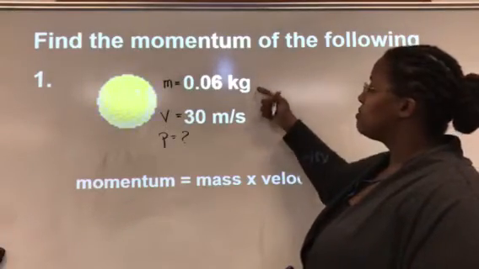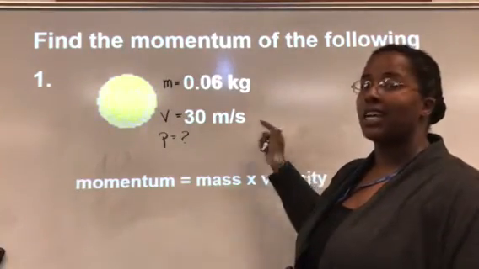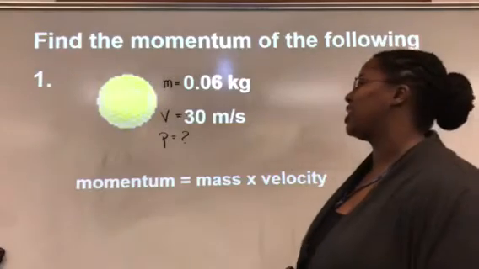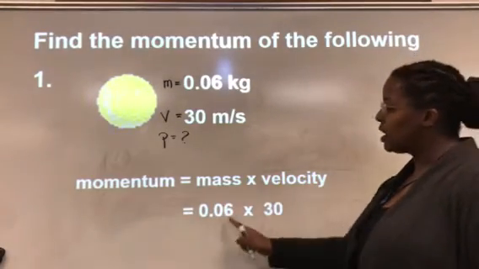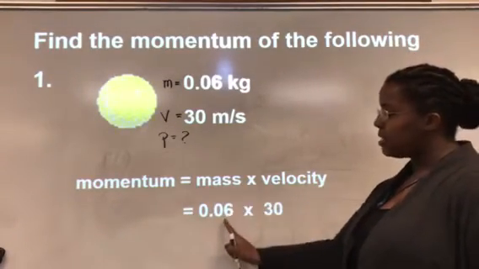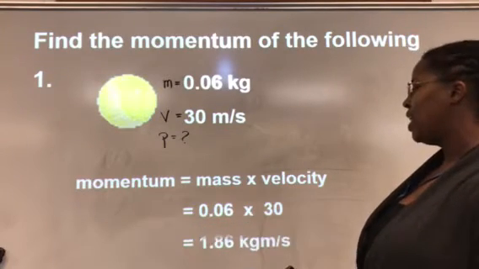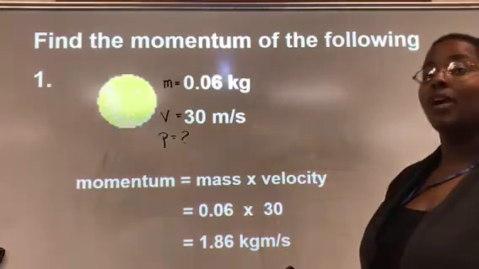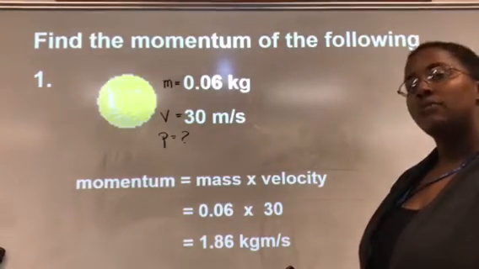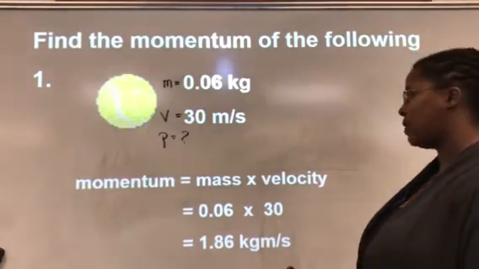Mass is in kilograms, velocity is in meters per second, so there are no conversions taking place. I'm going to plug in my numbers. My mass, 0.06. My velocity, of course, is 30. And I come out with the answer, 1.86 kilograms times meters per second.